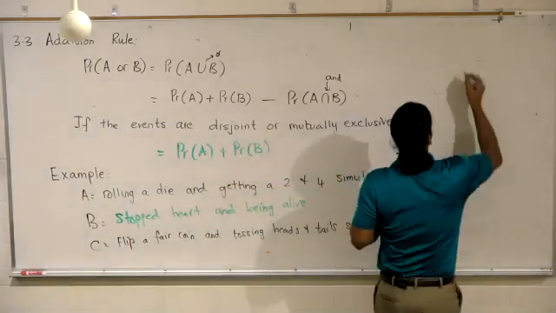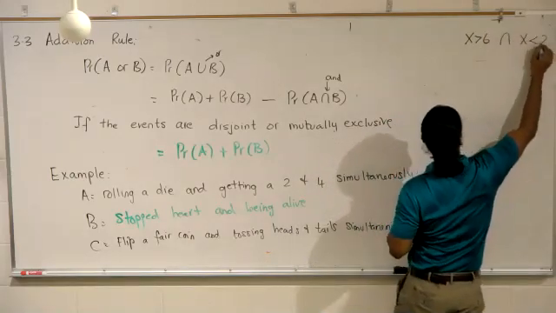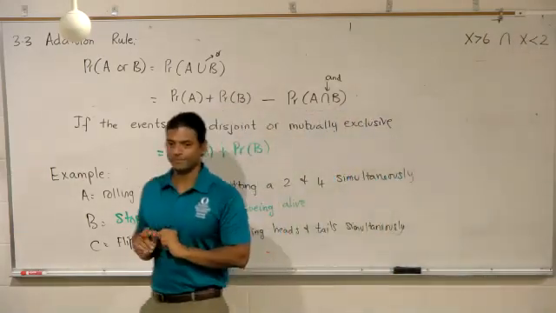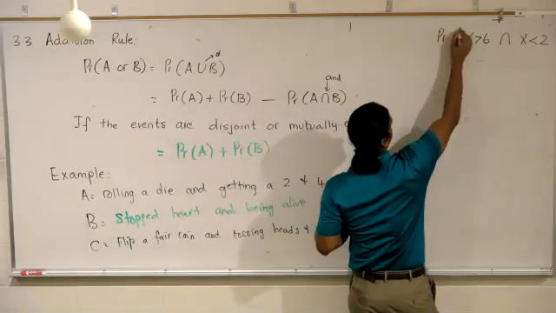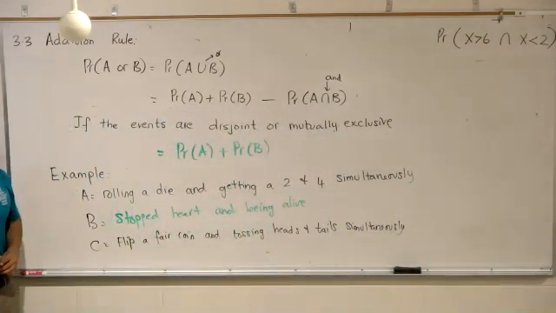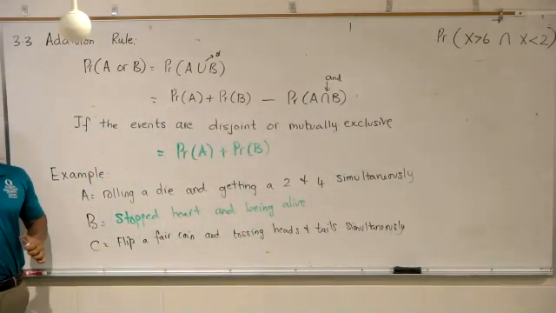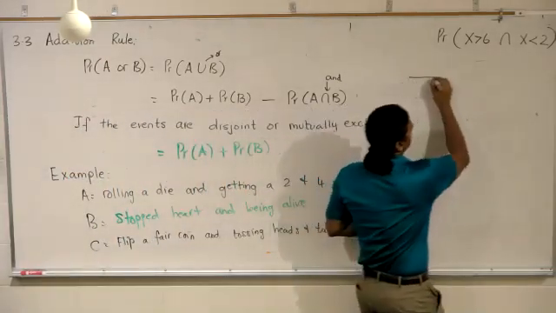Could a number be greater than 6 and less than 2 simultaneously? No. So if I want to find the probability that x is bigger than 6 and x is less than 2 simultaneously, it's not going to happen, right? That probability is 0.